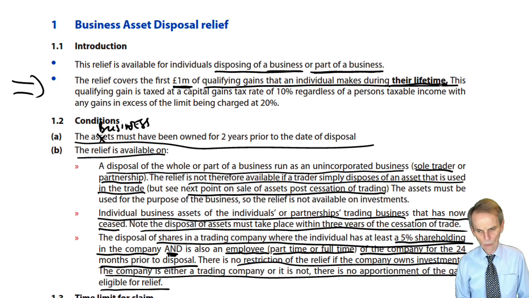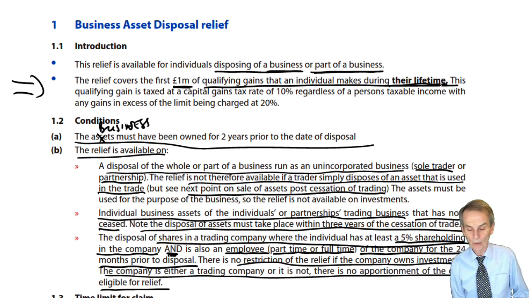Now, if therefore the individual had made any other gains that qualified for this relief, or what existed before it, which was entrepreneur's relief, then that must be taken into account in determining, do we have any of that lifetime limit left? You're not going to have to make that up.